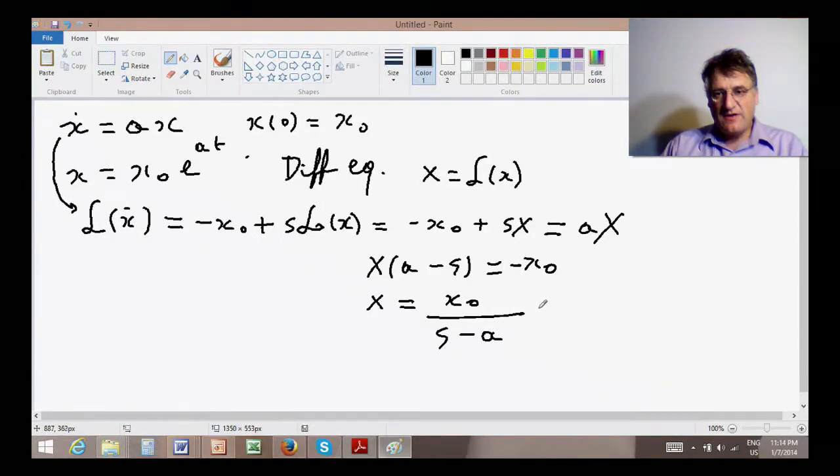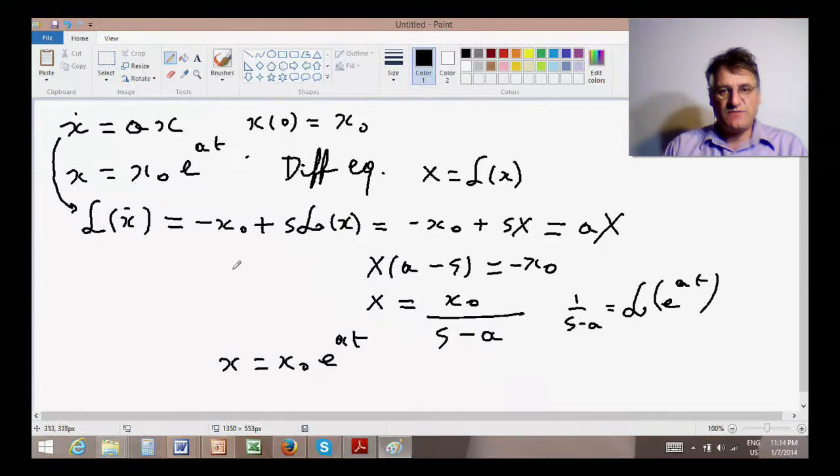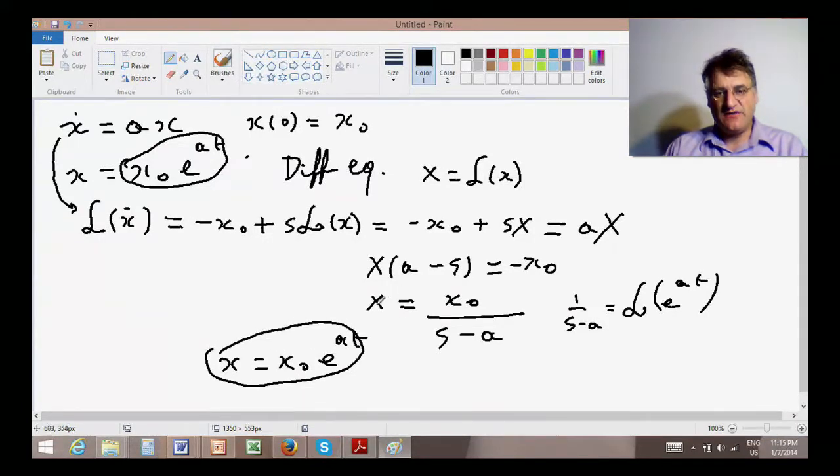Now we know that 1 over s minus a is the Laplace transform of e to the at. Therefore, we know that x must be equal to x0 e to the at, which matches the solution that we knew from our differential equation days. You may have seen this already, but it never hurts to see it again.